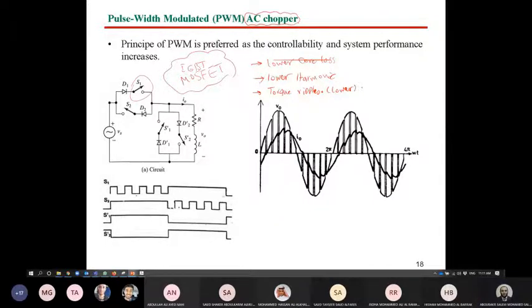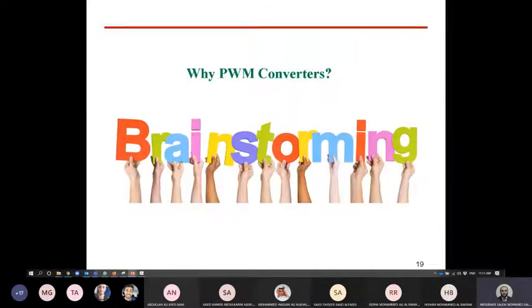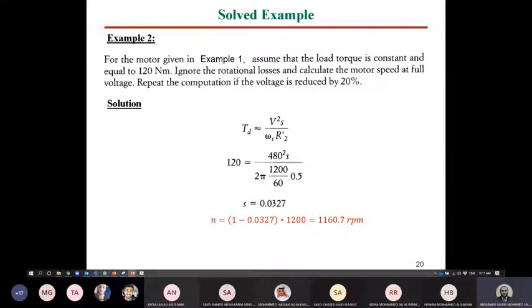You have an activity to search for the PWM converters and their advantages compared to conventional converters. Now let's solve some examples and continue discussing the different speed control techniques.